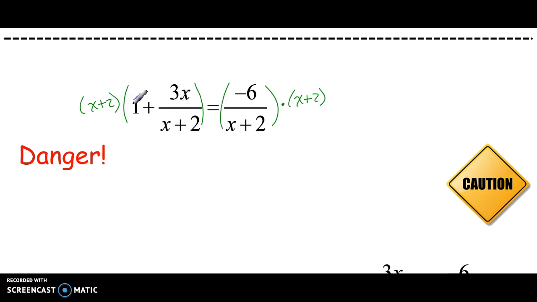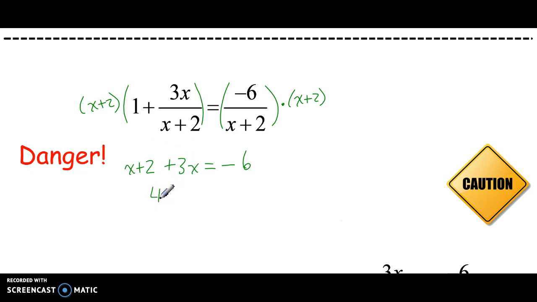So that x plus 2 is going to get multiplied by 1, which will give you x plus 2 times 1. x plus 2 times this fraction, the x plus 2 times the denominator of x plus 2 will cancel, and you'll just have 3x. And then same cancellation idea happens over here. The x plus 2's cancel, and you have negative 6. Not too bad so far. I didn't want this part to be too challenging. This looks okay so far.